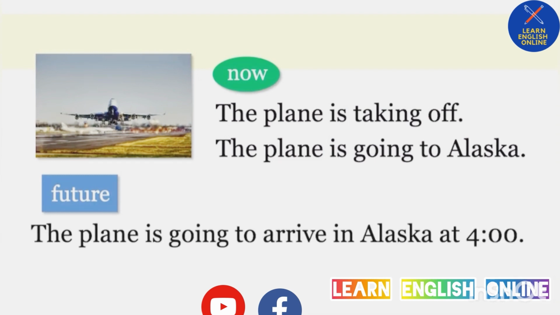The plane is going to arrive in Alaska at 4 o'clock. Now this is different because we have is going to plus a verb. Look at the difference. Here, Alaska is a place. It's going to a place. But here, arrive is a verb. So be going to and a verb shows us the future.